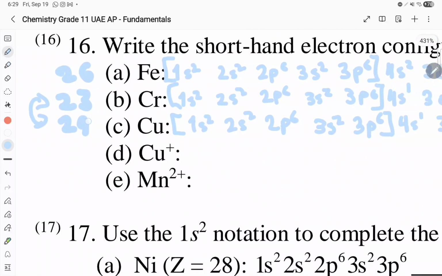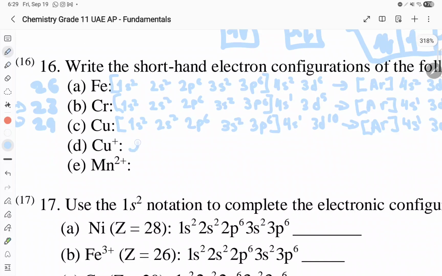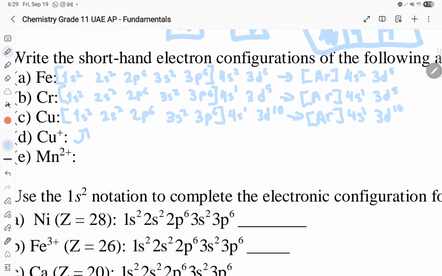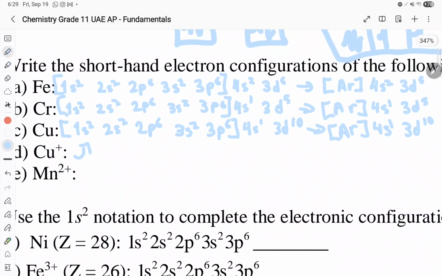Now for ions, you're going to do the same thing as above. It's just that after you have written it, you will look for your highest energy level. When I say highest energy level, I mean the number beside the coefficient. You will look for the highest coefficient and you will give or take from that one. Let me show you an example. So copper, I'm not going to write it again. This is copper. So from copper, it's copper plus, so you have to take 1.